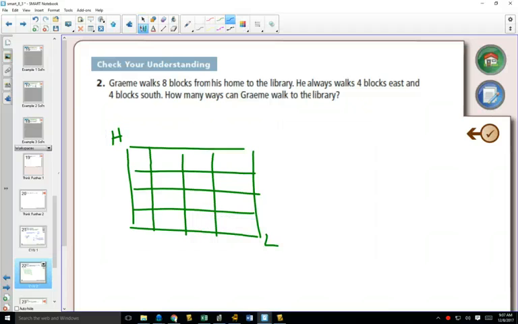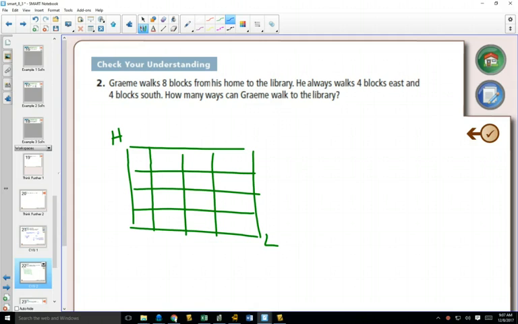There we go. So one thing you could do is you could try to draw all the routes. Okay? So can you see that this route would be one way that he goes? And we're going to assume that Graham is somewhat intelligent and doesn't get lost.